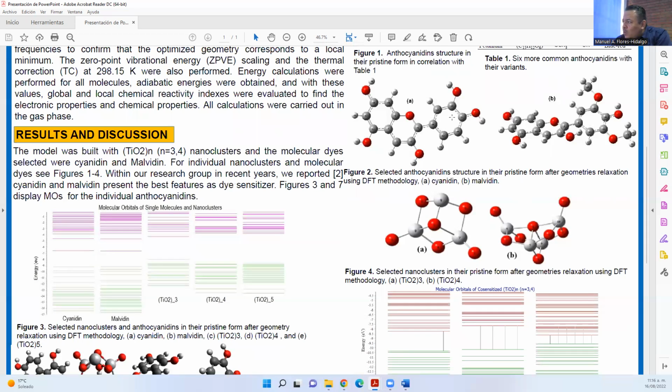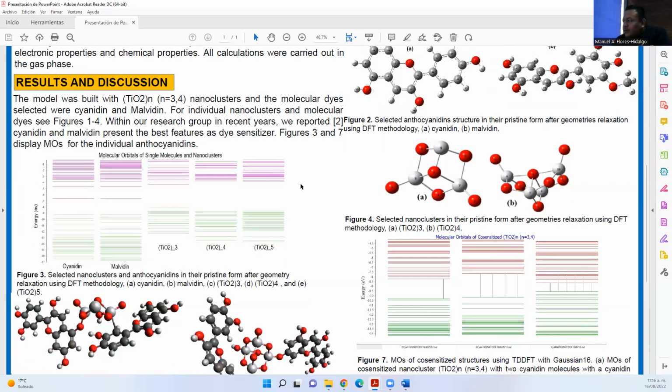While cyanidin looks like a more planar geometry, this other one has a certain angle in this 3rd ring. This angle confers different properties to the pigment when it is working in the presence of sunlight.